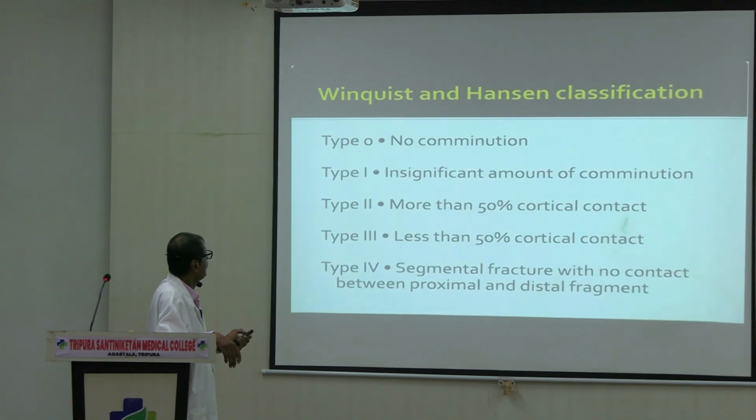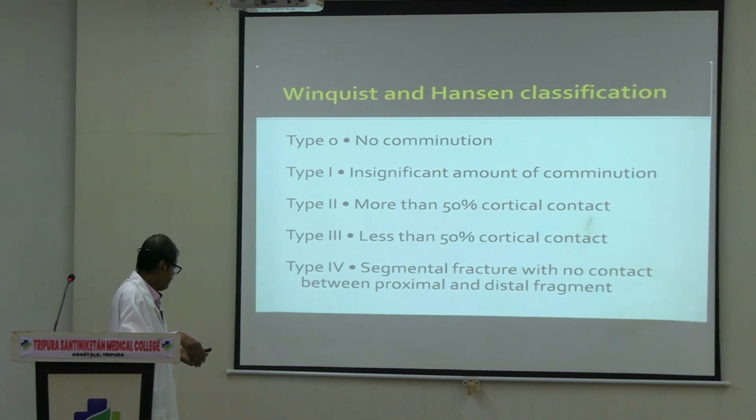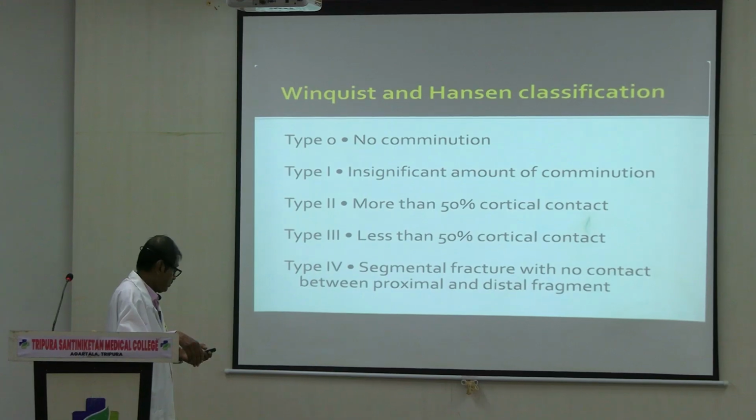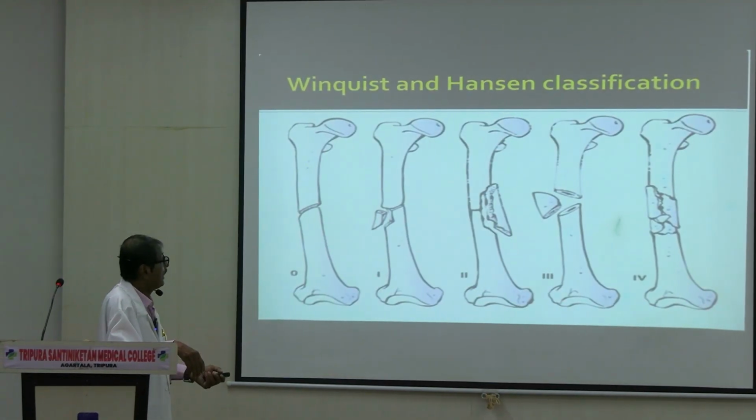So type 1 is no comminution, I told you. Type 2 is a significant amount of comminution, with more than 50% cortical contact. Type 3 has less than 50% cortical contact. Type 4 is a segmental fracture with no cortical contact, you see. Significant comminution, you see, there is type 3.